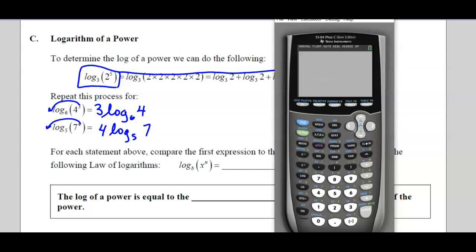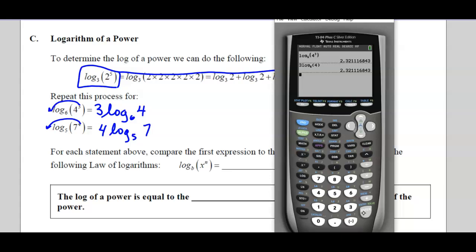Let's do log base 6 of 4 to the exponent 3. And let's do 3 log base 6 of 4. Okay, and get exactly the same thing.